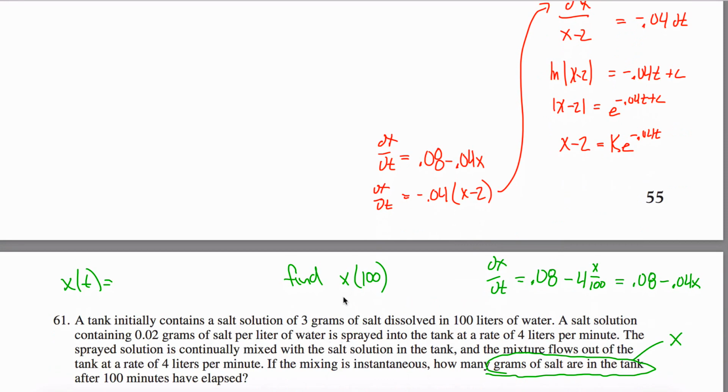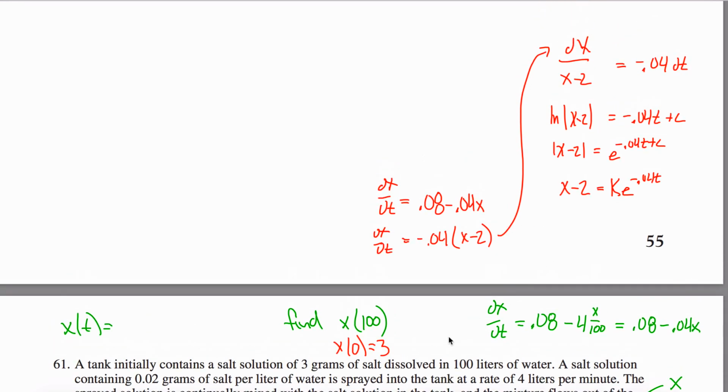Well, I know that initially x of 0 is equal to 3. I know that initially there's 3 grams of salt in here. So when t equals 0, x equals 3. So 3 minus 2, aka 1, has got to be equal to k times e to the 0.04 times 0. What I'm saying is that 1 has to be equal to k.